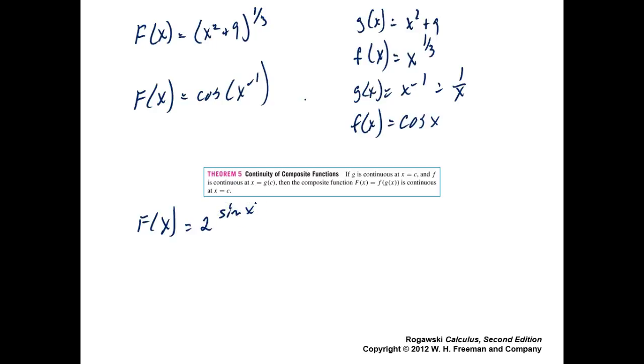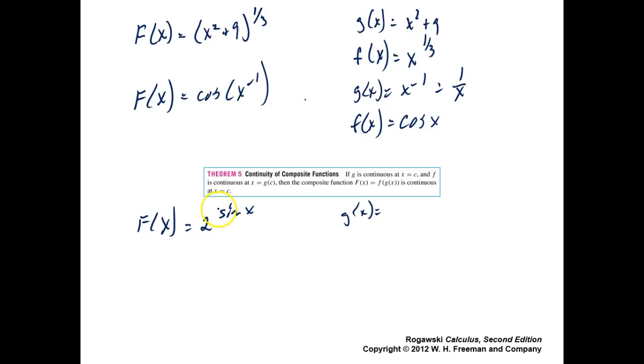Now you tell me, what's your f function there, or your g function there? Okay.